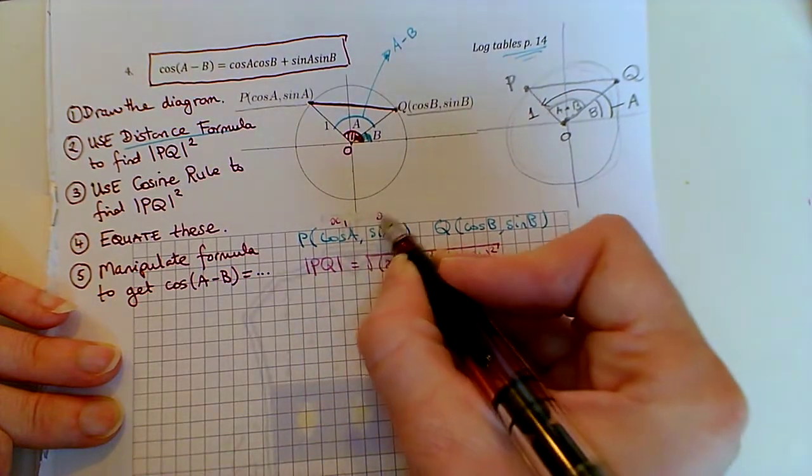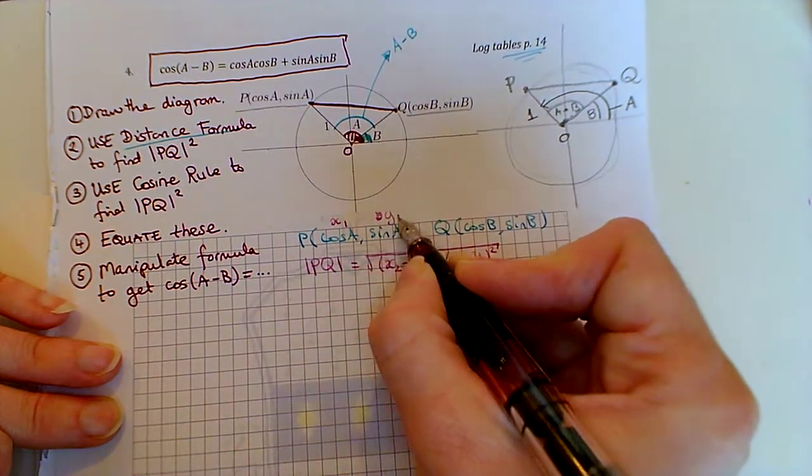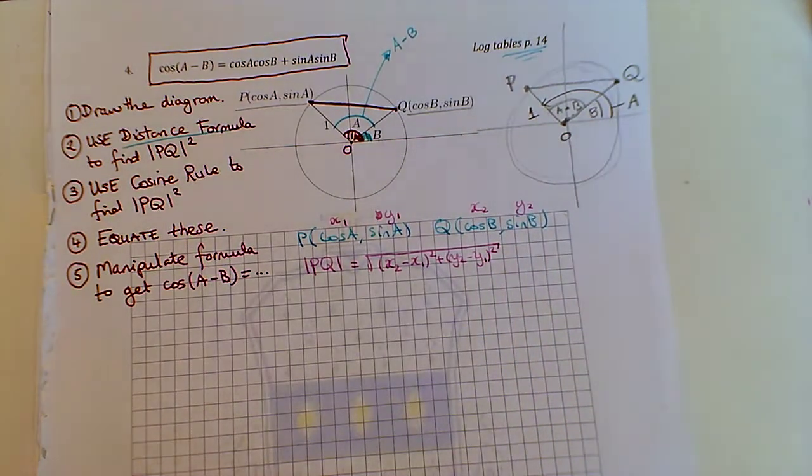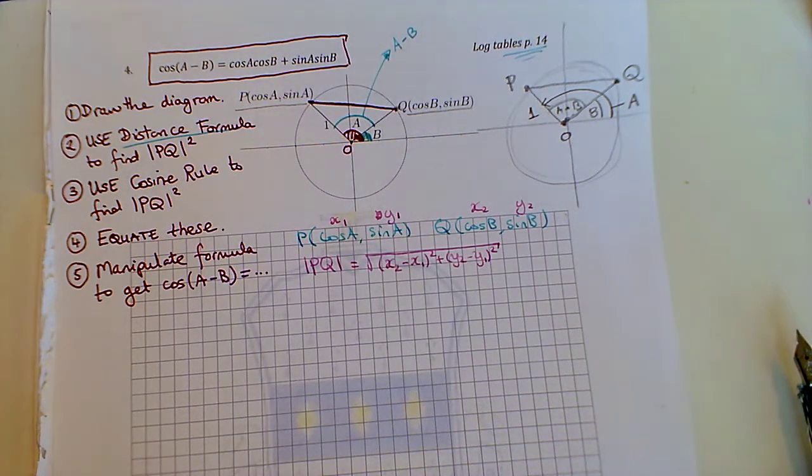This is x1, y1, and this is x2, y2. Okay, so we're going to fill into our distance formula, we're going to square both sides, and that's going to give us the first answer that we're looking for.